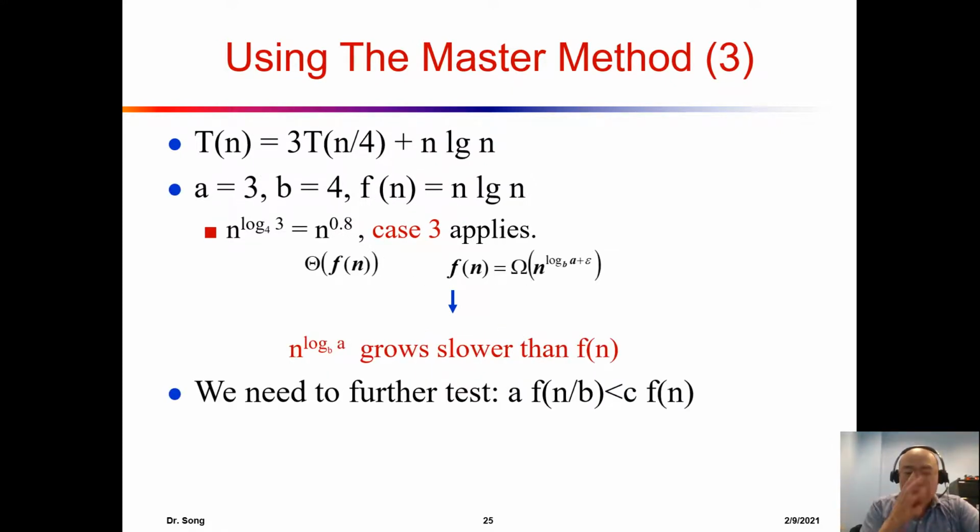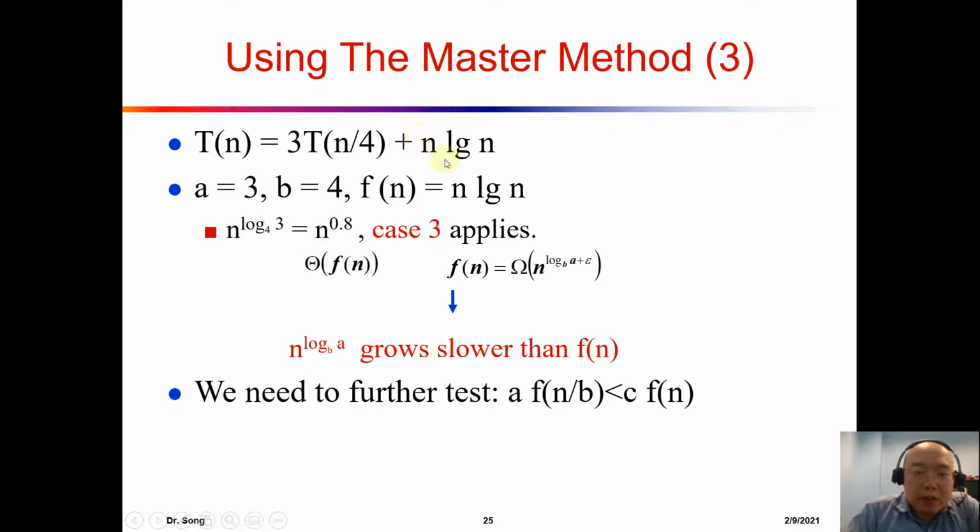Okay, so let's move on and see the third problem. For the third problem, again, we want to figure out what are the A, B, and Fn. So A is 3, okay, good, and B is 4, that's also good, and for Fn, that is n log n. Okay, so let's see what is n to the log_b a. n to the log_b a will give you n to the power 0.8.